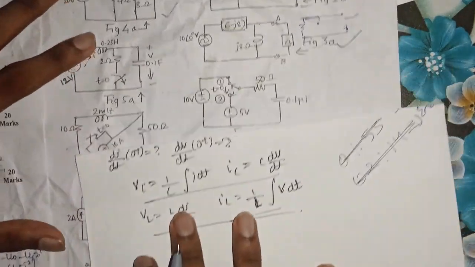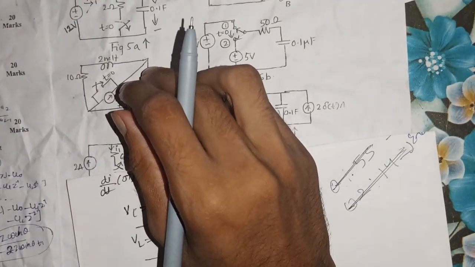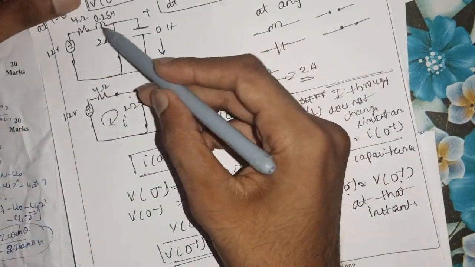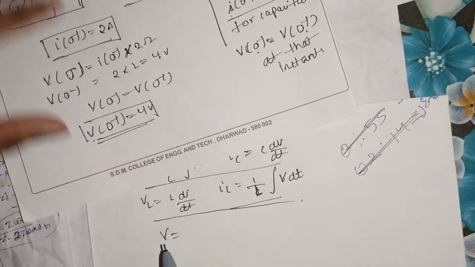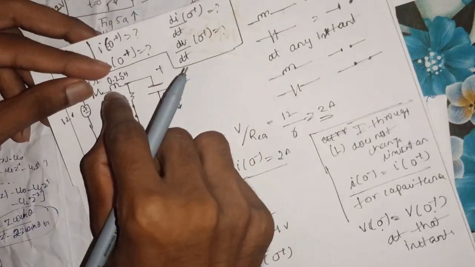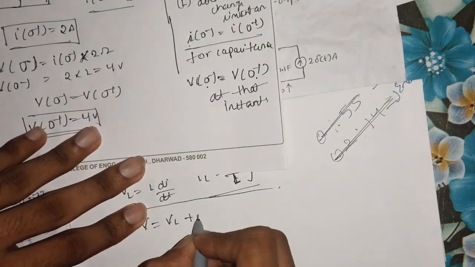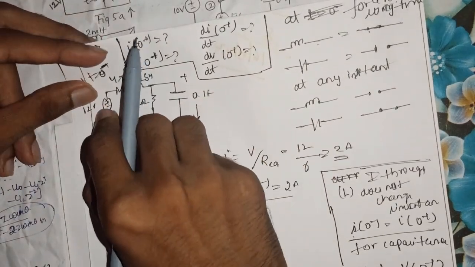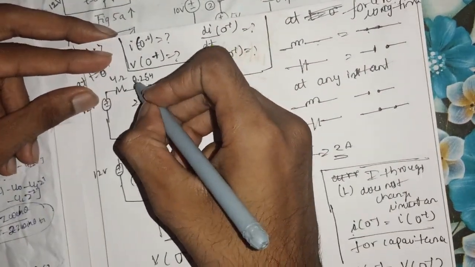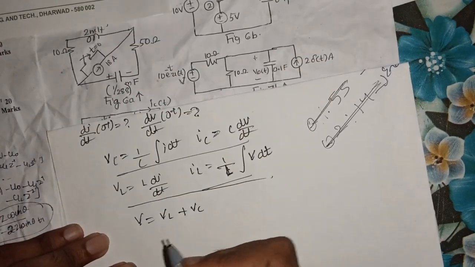So applying KVL to this circuit, the source voltage is equal to the voltage drop across the inductance plus the voltage drop across the capacitance, which is V is equal to VL plus VC.